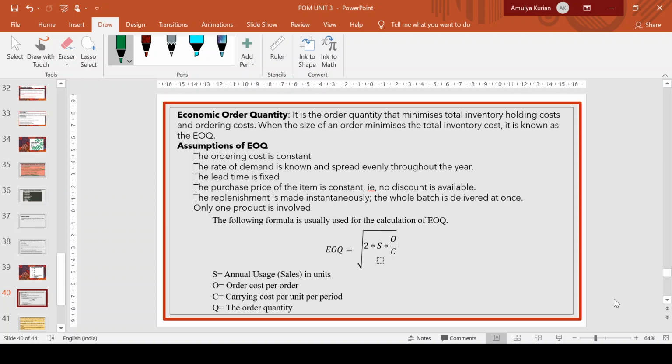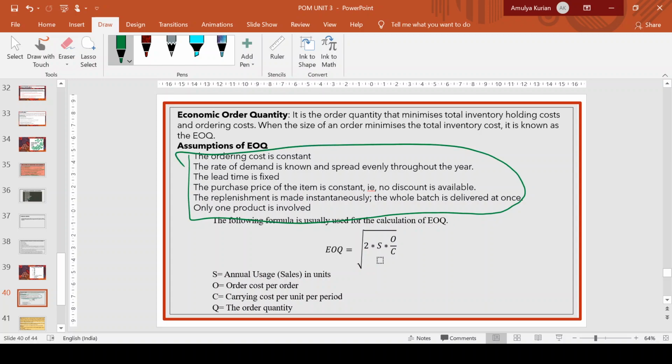So this is the formula which is used in the calculation of EOQ, economic order quantity. The assumptions of economic order quantity are important. First one is ordering cost is constant. Also, please learn the assumptions correctly.